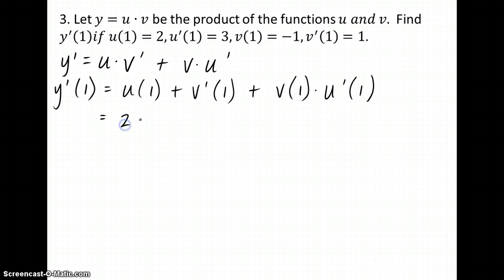So we have 2, this should be a times, not a plus. So 2 times the derivative of v is 1, plus v of 1 is negative 1, u prime of 1 is 2. So 2 minus 2, y prime of 1 would be equal to 0.